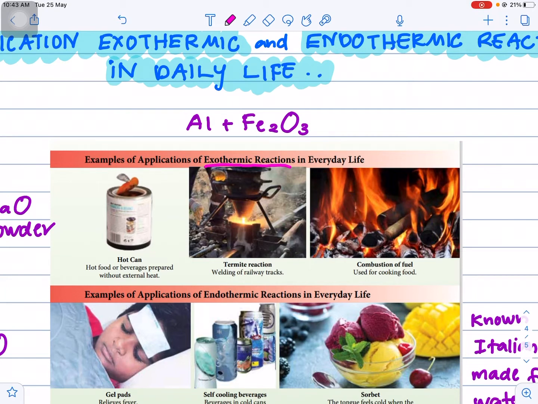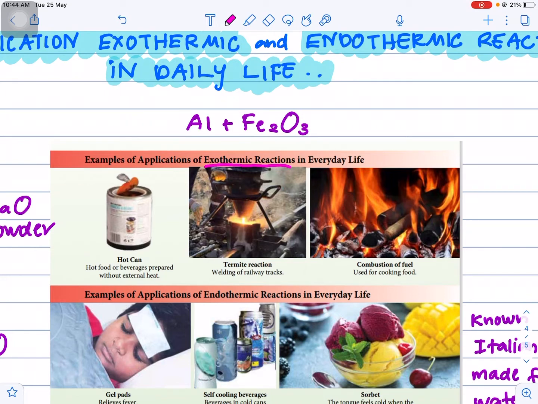How can we activate this hot can? When we buy the hot can, we get the hot can and also a rod, one rod. The hot can also has 3 holes. When we want to activate our hot can, we use the rod and push it inside the hole of the hot can.